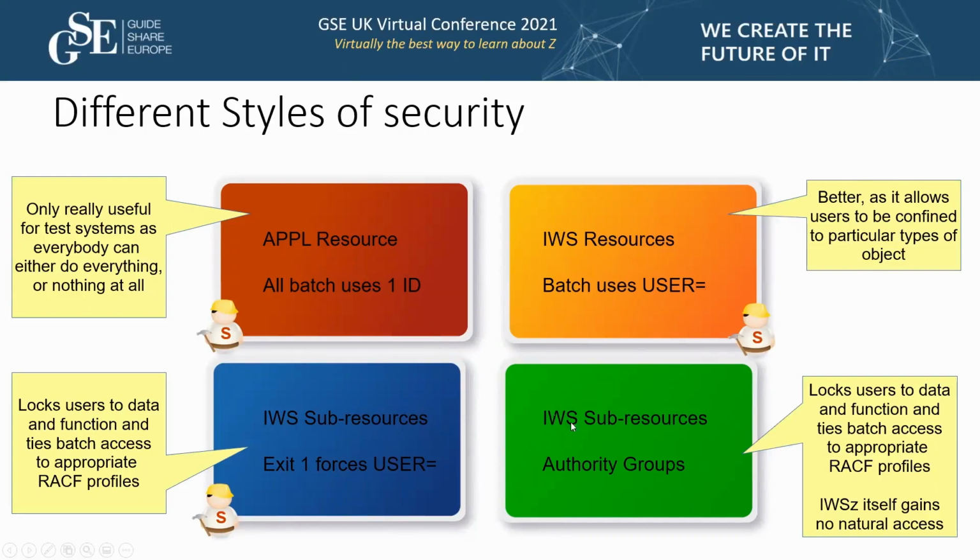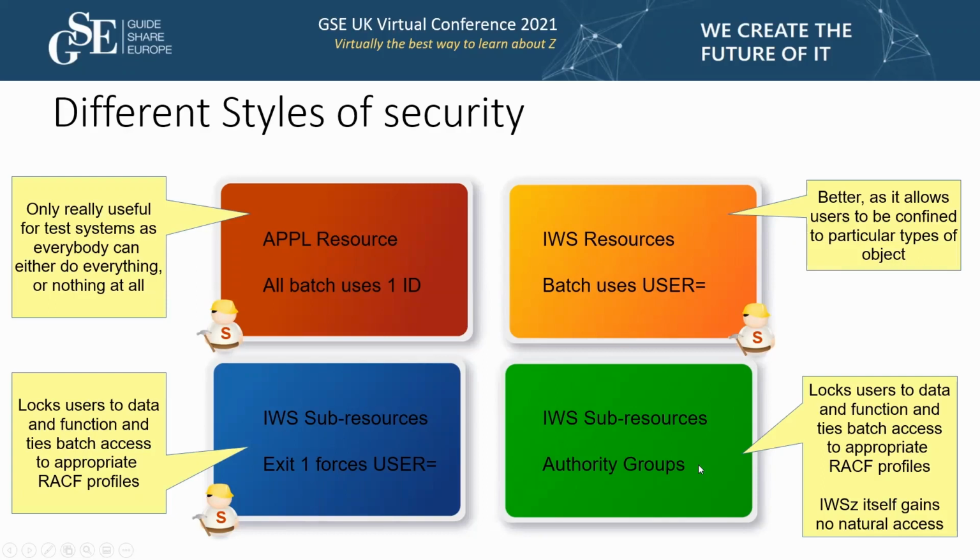Right. This is the one we recommend, and this is the one I'm going to talk about today. We use sub-resources in IWS, which basically says each user that goes in can only update the type of objects you want them to update, and only stuff that belongs to them. And then it uses this wonderful thing called authority groups.